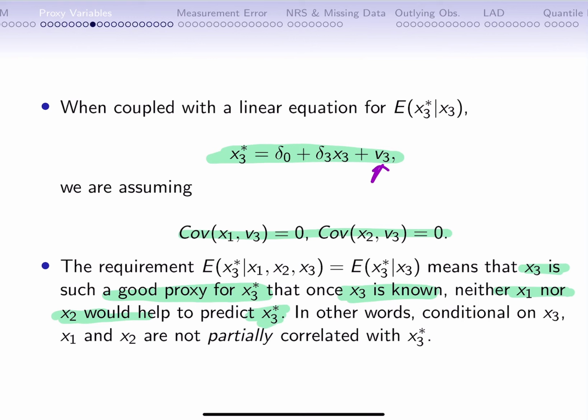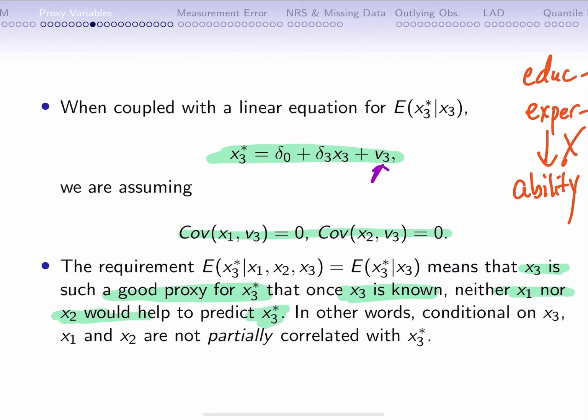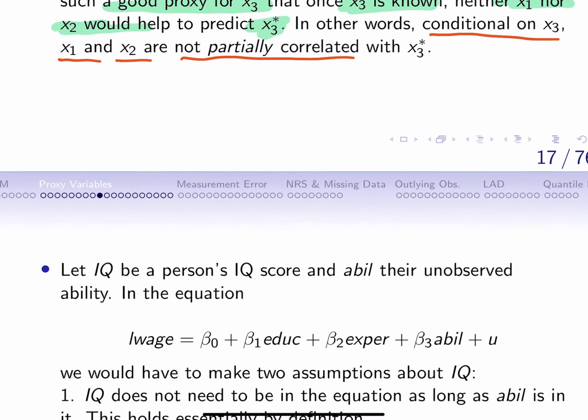So in other words, education and experience in our regression should not predict ability. What should predict ability is just IQ, okay? So conditional on IQ, education and experience are not partially correlated with ability.